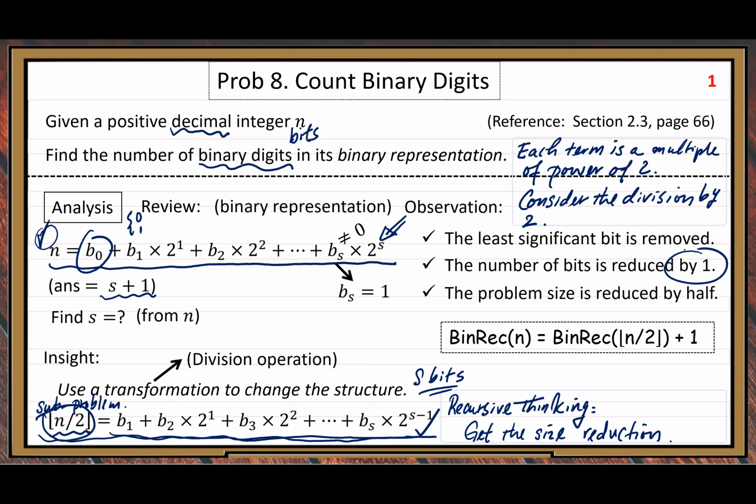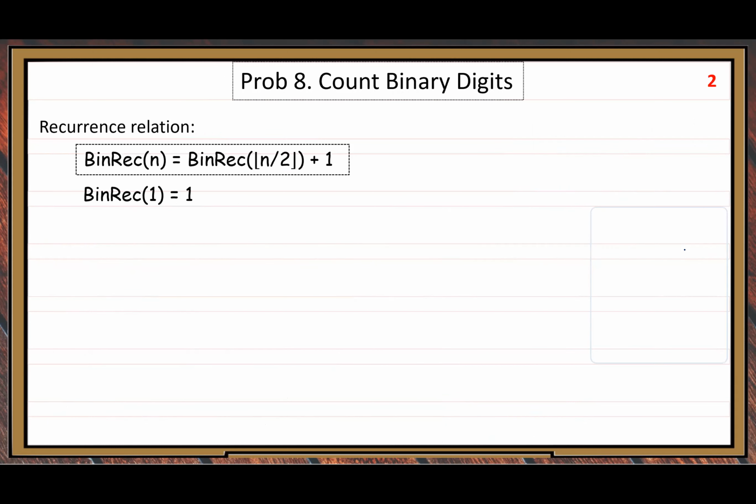We know how to solve the problem with a given recurrence relation, but we need a base case: when n equals 1, the number of bits is also 1. So we discovered this recurrence relation, and we can solve it. Next step, we want to find the solution.